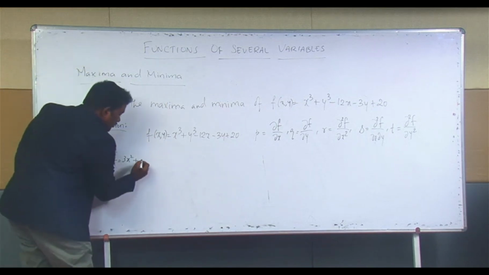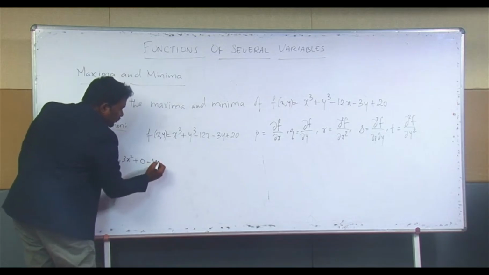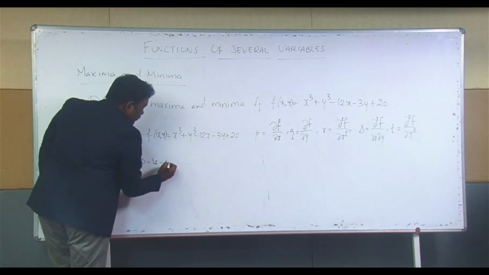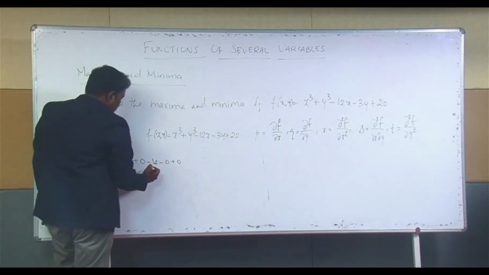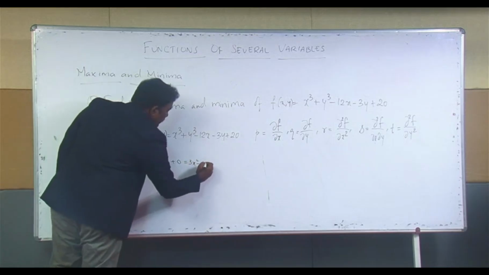So that is 0 and this minus 12x will become minus 12 into 1, which is minus 12. This minus 3y will become 0 and 20 also will become 0. So finally we have 3x square minus 12.